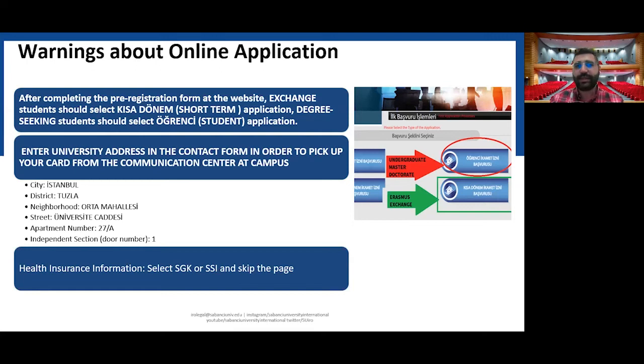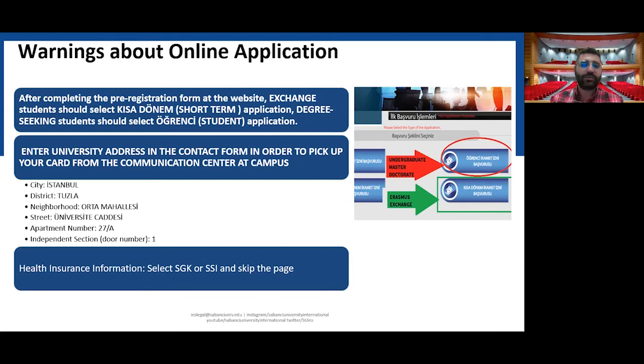And again, another suggestion: in the application form, you should enter the campus address as your contact address, because some of you are staying at Airbnb, hotels, temporary apartments, so you may have a temporary address. Therefore, I suggest you enter the campus address to obtain your card from the campus post office.